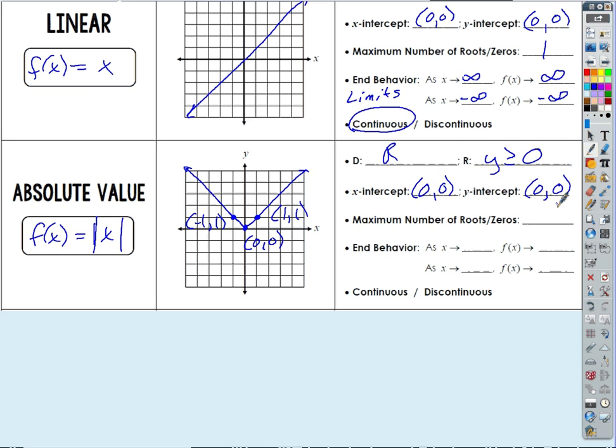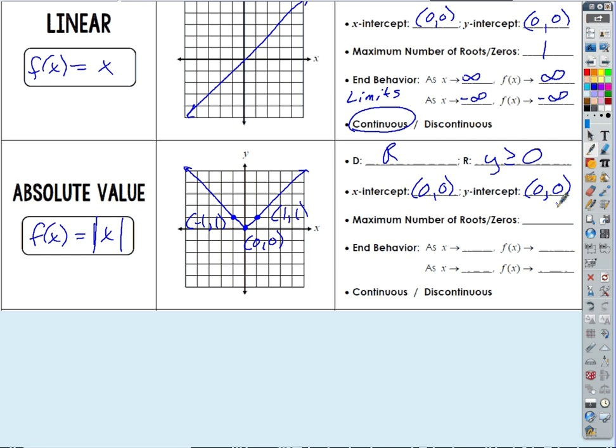So when we talk about the maximum number of roots or zeros, we're talking about after we transform the function later on. What's the maximum number of solutions we could get from an absolute value equation? Well, think back to our experience solving absolute value equations. How many solutions did we typically get? 2, right? 1 for the plus and 1 for the minus.